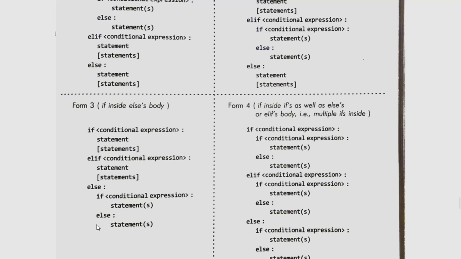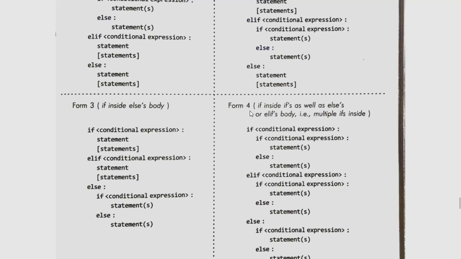So in this case, again, we have three conditions. Either this condition will be true or this will be true, or if both are false, we go to the else part, and inside the else part we check if and else. If this condition is true, this will be executed, or if it becomes false, the else will be executed and finally the program will be terminated. This was form 3.